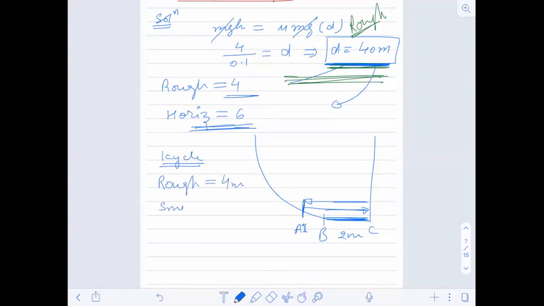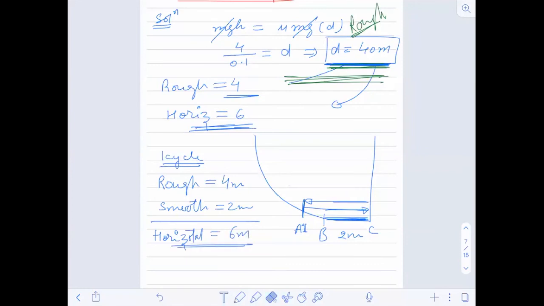Smooth surface, it is 2 meters. Total horizontal, how much is it? Because horizontal is smooth plus rough, so it is 6 meters.